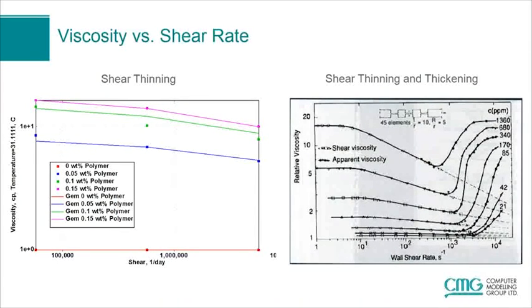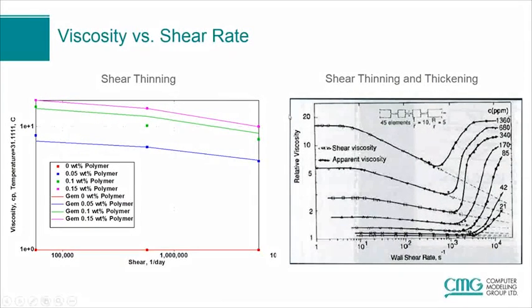Now, viscosity versus shear rate effects. The polymer is a non-Newtonian fluid, so you do have a viscosity change with velocity or shear rate. The plot on the left is showing a typical shear thinning behavior, a plot from Builder showing the shear rate log on the x-axis and viscosity on the y-axis, showing how the viscosity will decrease with increasing shear.